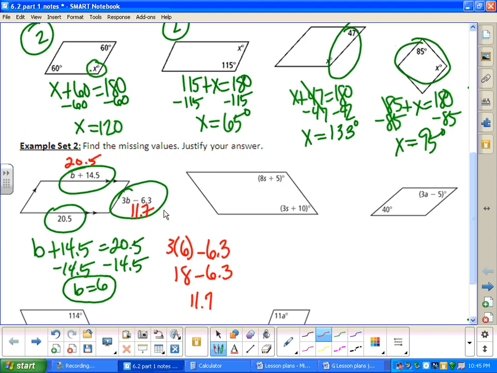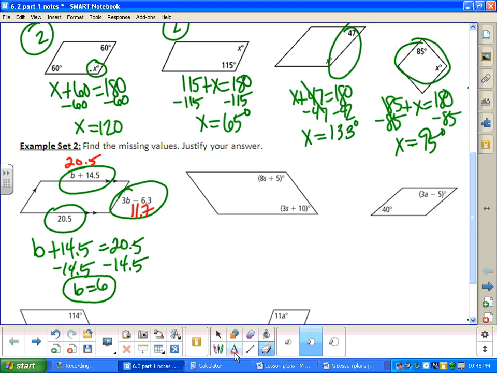Okay, so here we have consecutive. Consecutive means you add them to make 180. So I'm going to have 8s plus 5 plus 3s plus 10 equals 180.